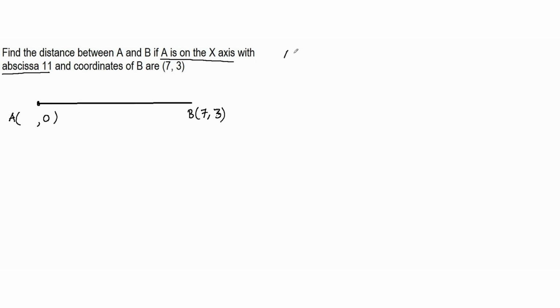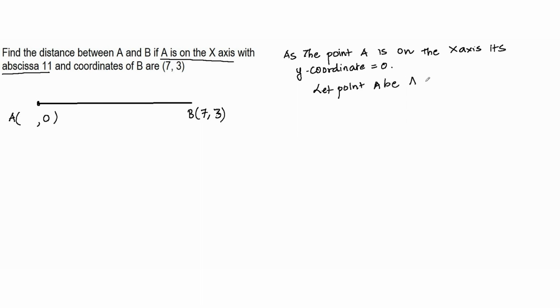So I can mention that as the point A is on the x-axis, its y-coordinate is equal to 0, right? And it is given that the abscissa is 11. That means let the point A be A of 11, 0, because the abscissa is 11, right? So the point A is going to be 11, 0.